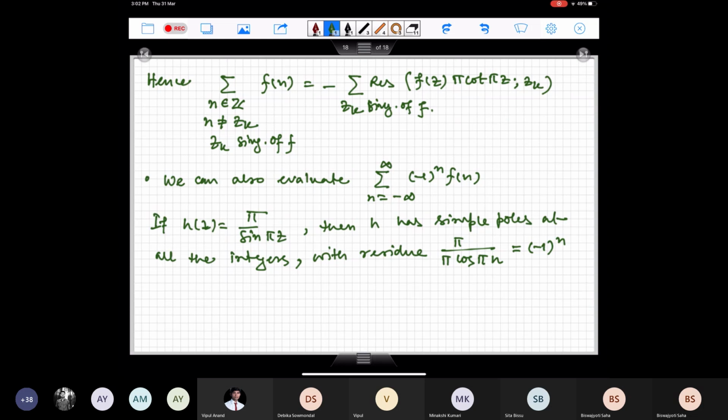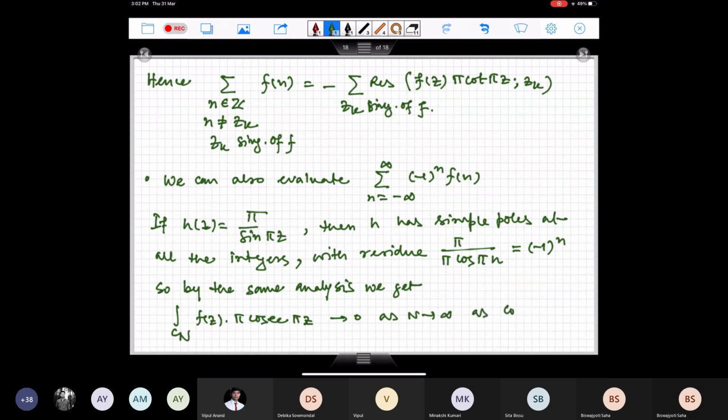By the same analysis we get that the integral over Cn of f of z into pi into cosec pi z goes to 0 as n tends to infinity, as cosec pi z is also bounded on Cn.